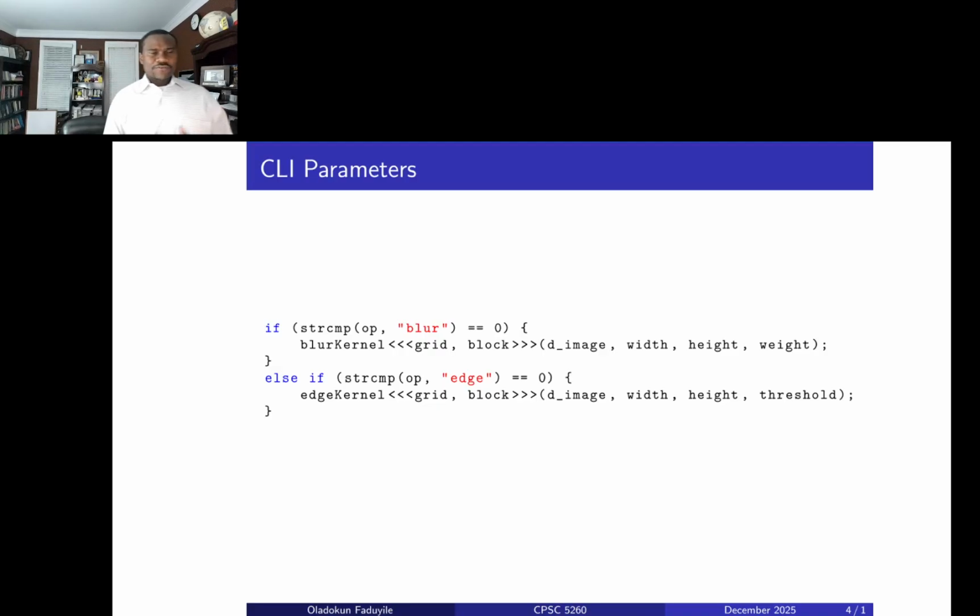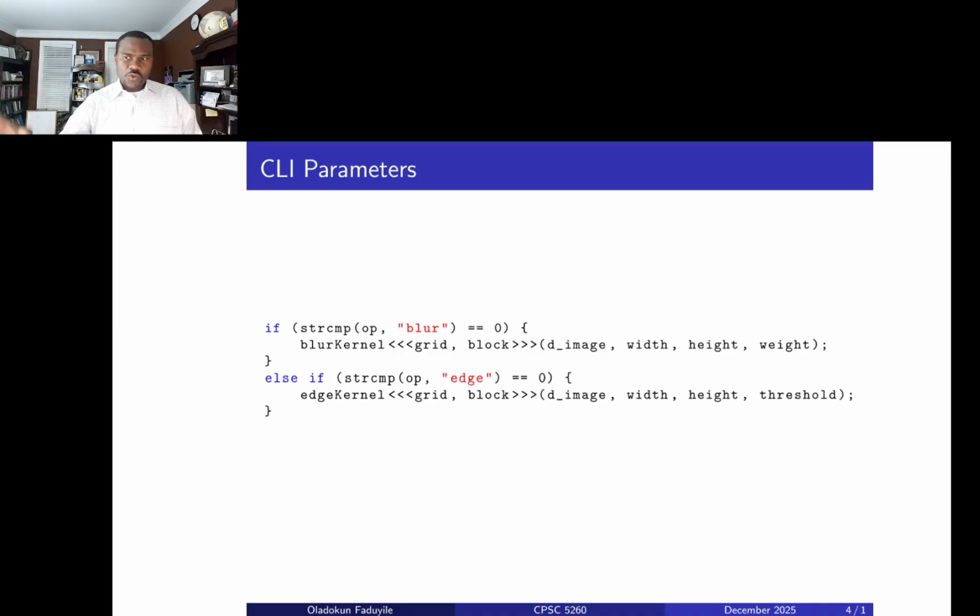All right, so now what are the parameters of what we want to do? We have command line parameters. For the toolkit I'm working on, for example, I have an operation that is going to blur an existing input image, and I select the blur kernel, which takes certain dimensions: the image, the width, the height, and the weight, and then it looks at the existing image and blurs it.